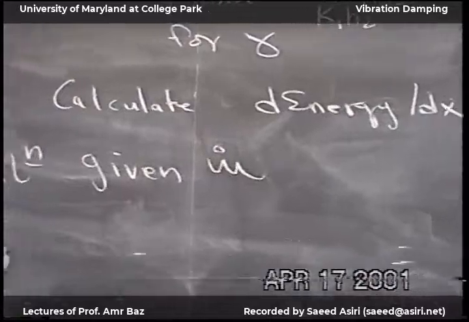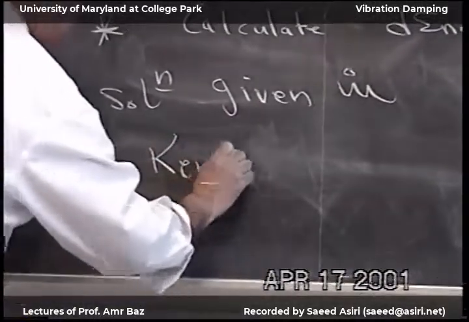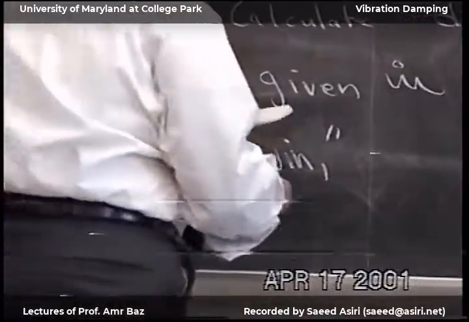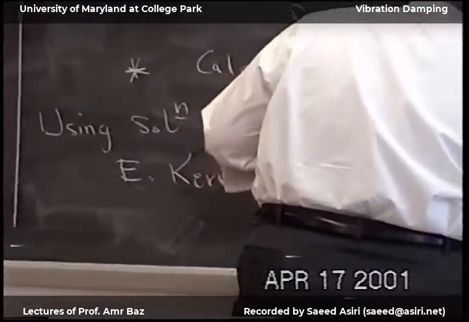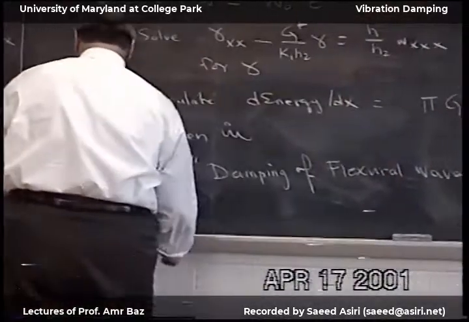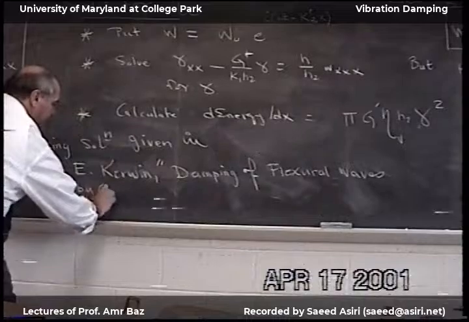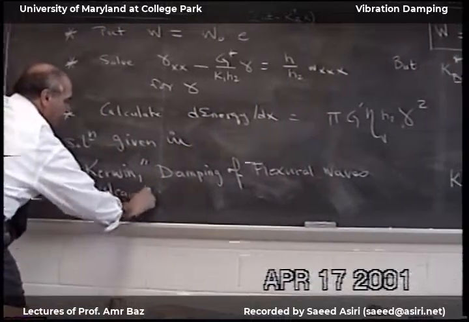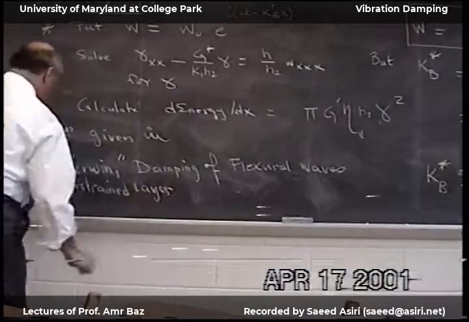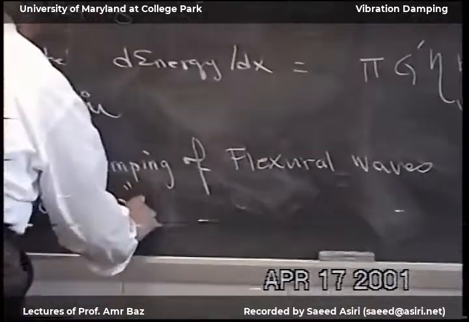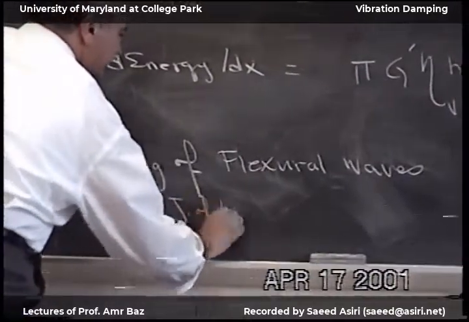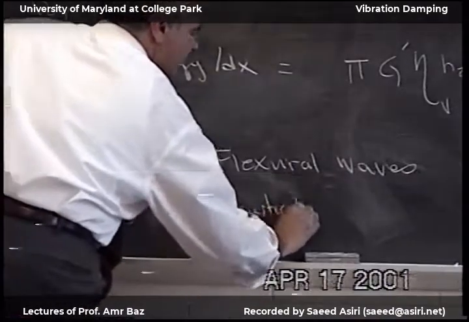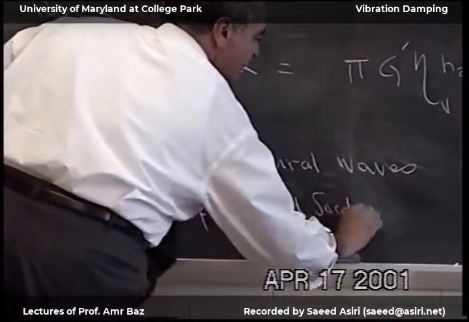Given in Ungar and Kerwin, damping of flexural waves by a constrained viscoelastic layer. This is the Journal of the Acoustical Society of America.